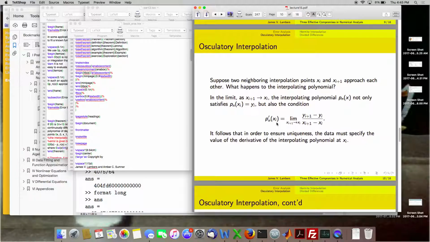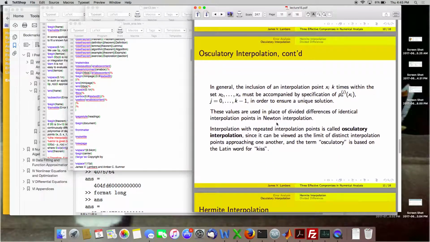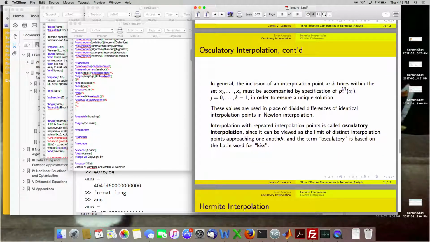So when we now allow our interpolation points to be duplicated, the x values, the way we account for that is we specify a certain number of derivative values, and that leads to what is called osculatory interpolation. The reason for the name is the Latin word osculare, which means to kiss. So you basically have the 2 points coalescing or kissing each other.